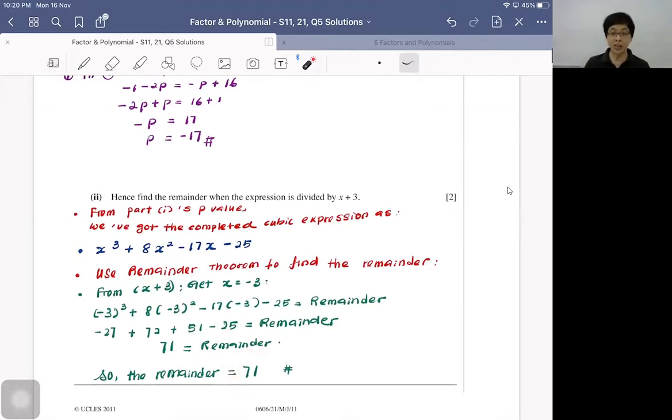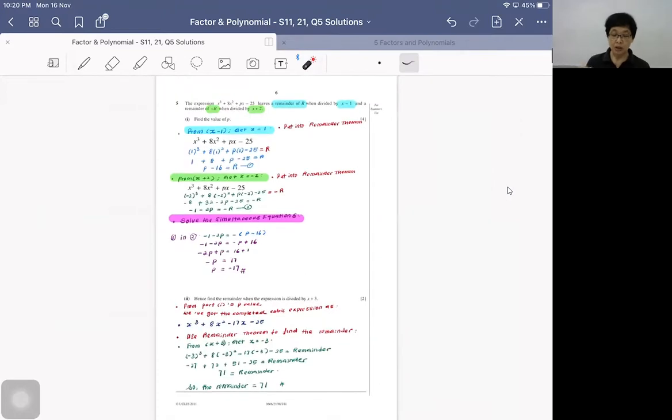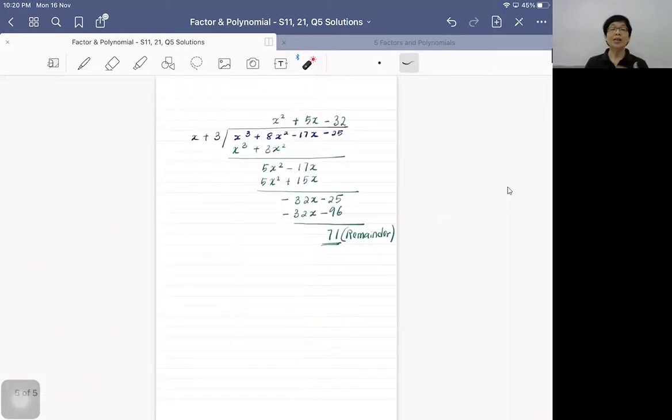Well, congratulations, you have run through a quick revision and the solution, and also the self-checking and the further long division for more detailed understanding of the remainder theorem.